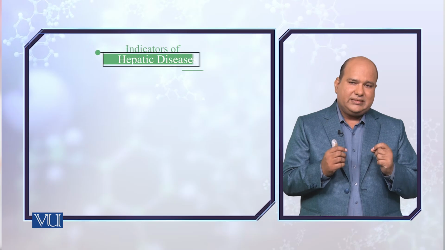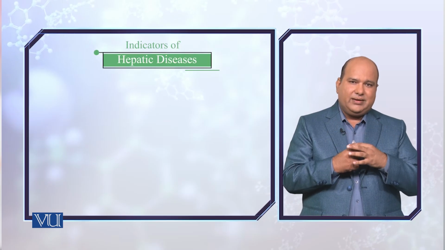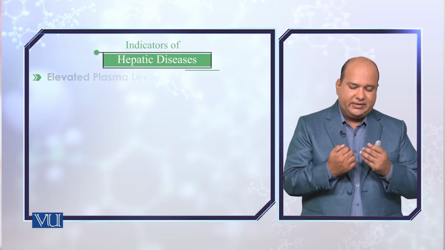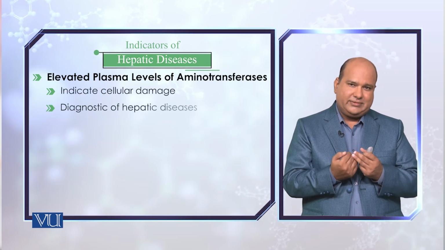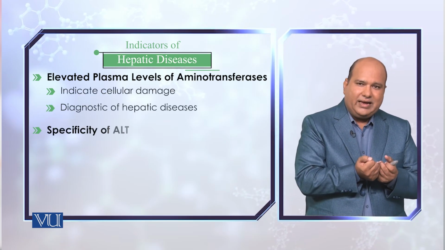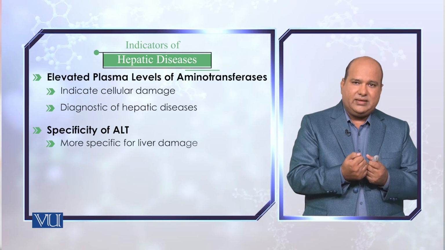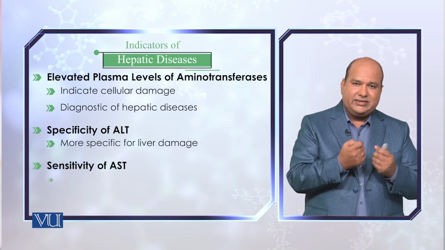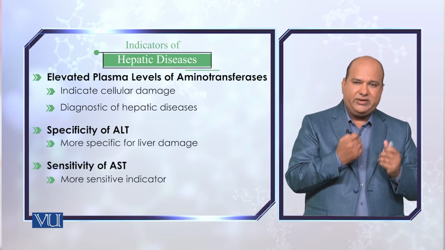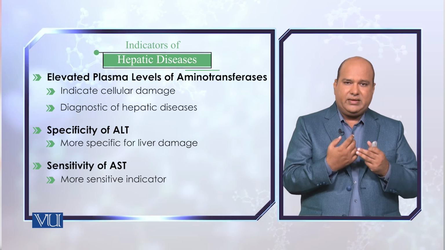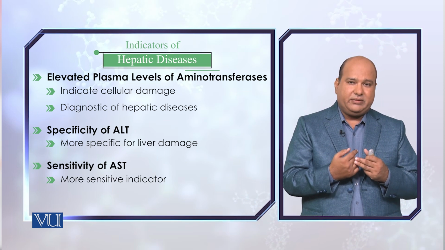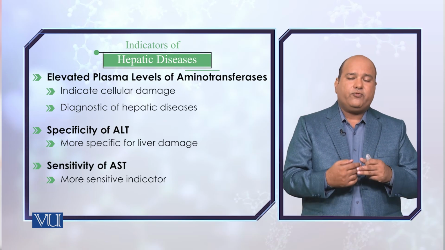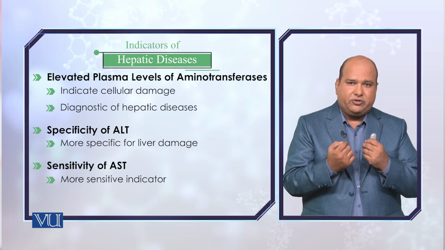Sometimes you see in your blood that there are much higher aminotransferase levels as compared to normal levels, and that is an indication that there is some problem with your liver, because the liver can be inflamed, affected by infection, or by other sorts of damage.